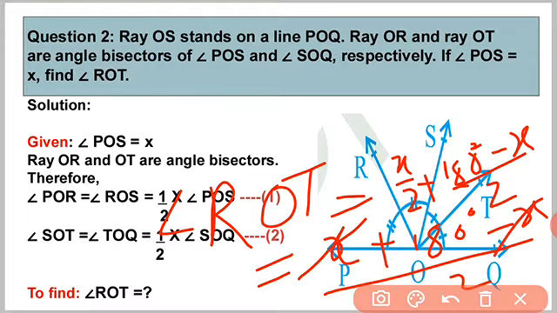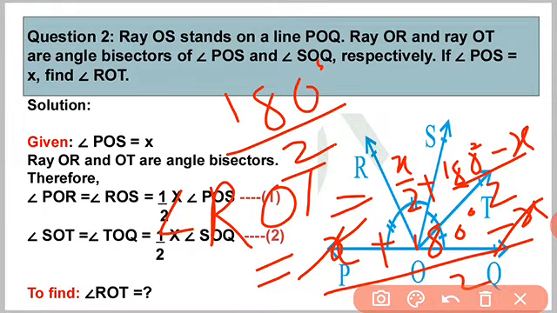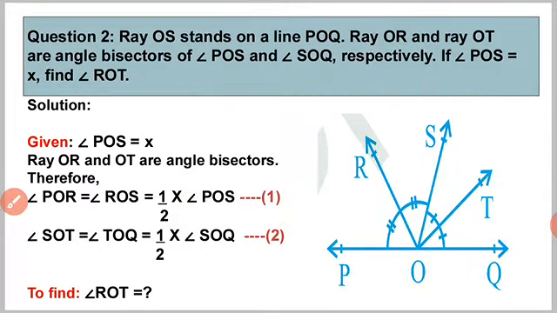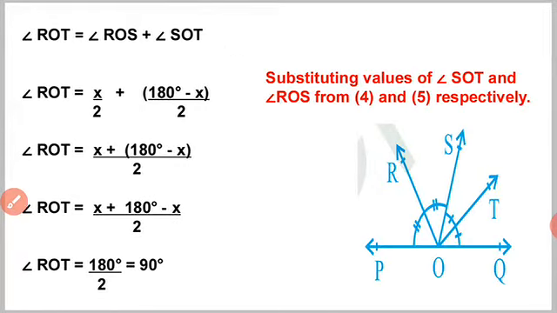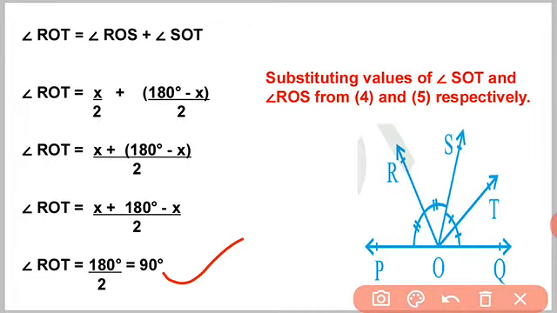So this x will be cancelled out and you will be left with 180 degrees divided by 2, which is equal to 90 degrees. So here the angle ROT is equal to 90 degrees.